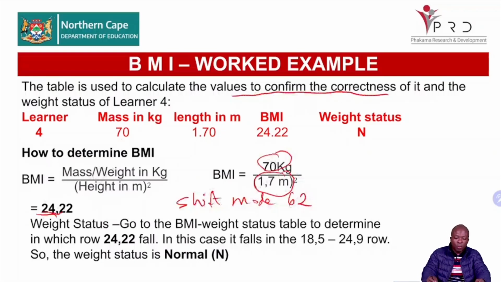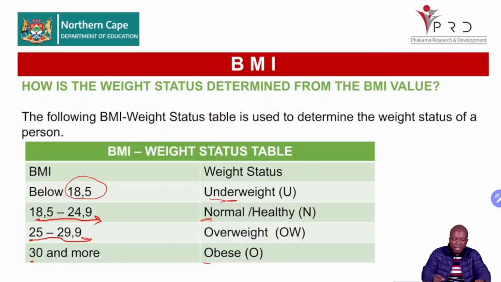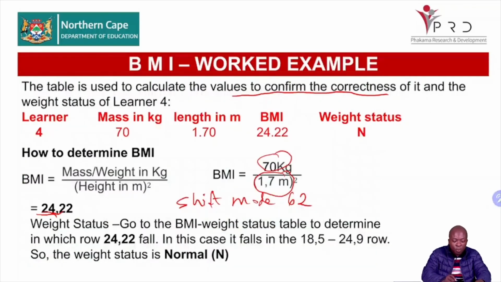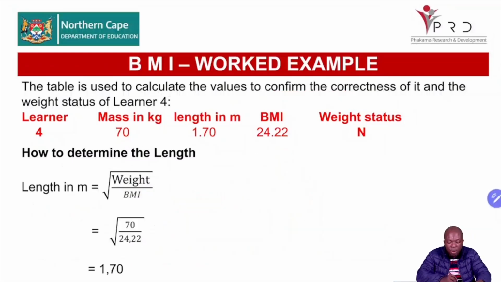So what do we do? We go to the BMI table. This is our BMI table. Remember, I've given you the values already. The examiner says if your answer is somewhere between 18.5 up to 24.9, then we say the person is normal. So from what we are checking here, this person is normal, because the answer is between 18.5 and 24.9.